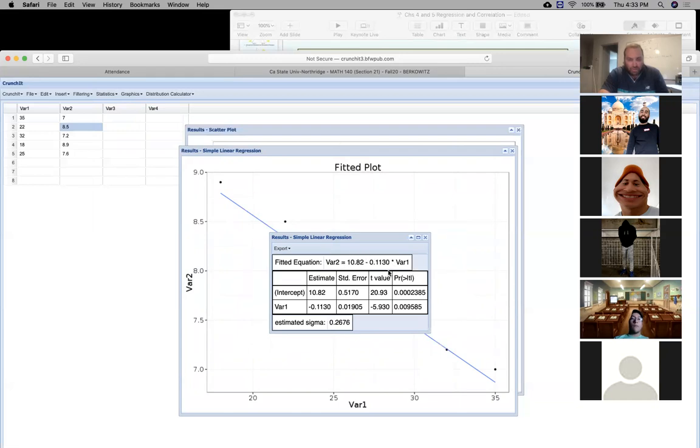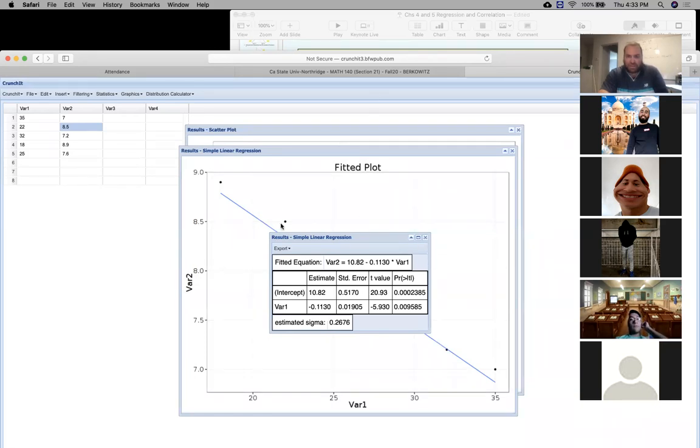Notice that the slope is negative, negative 0.1130, variable 1 plus 10.82. So that's my y-intercept, 10.82, and slope negative 0.1130. All the other stuff, let's not worry about that right now. We're not ready for that stuff yet. But does that make sense?